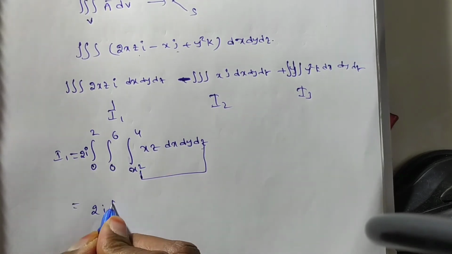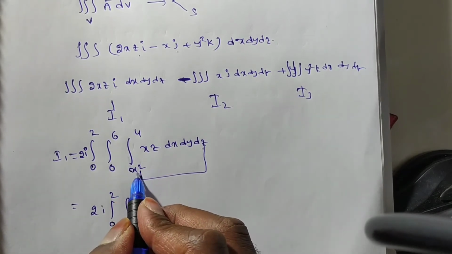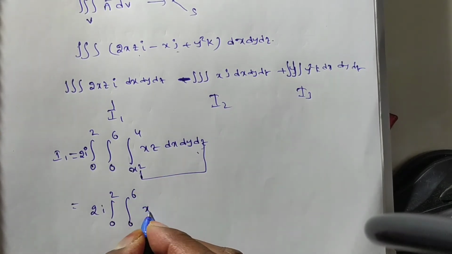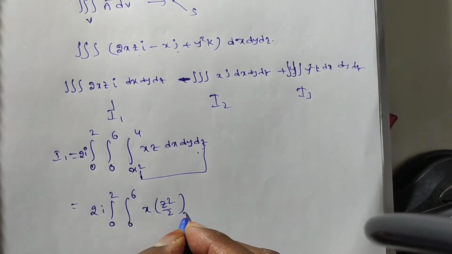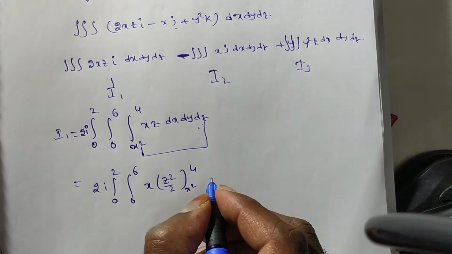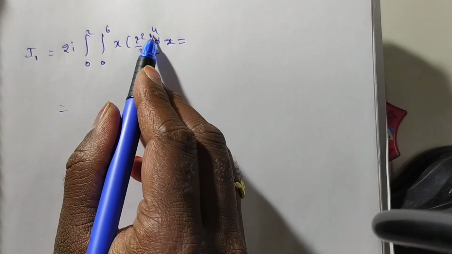Now 2i times the integral 0 to 2 and 0 to 6. Now I am integrating with respect to z. If I integrate x into z, what is it? z square by 2, with limits from x square to 4. This I have written here for convenience. You see friends, this is the upper limit minus the lower limit.